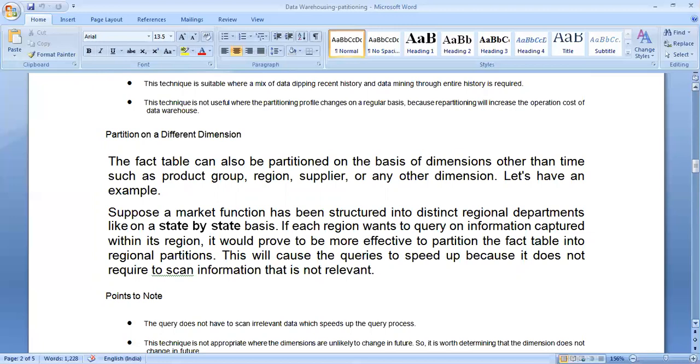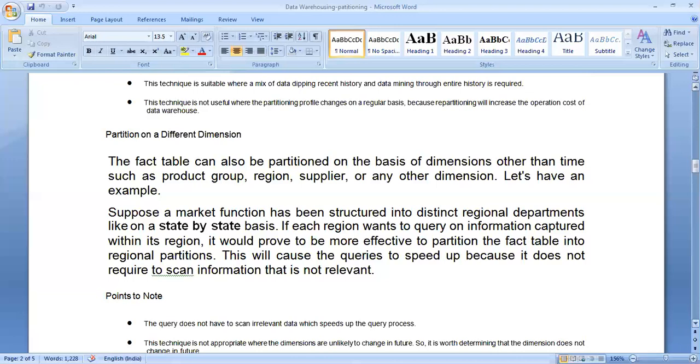Similarly, the southern states can be combined together under the label of South India. Here we are dividing the same x-axis into different blocks, different size segments, which are partitioned on the basis of some dimension other than the time, other than the state dimension.